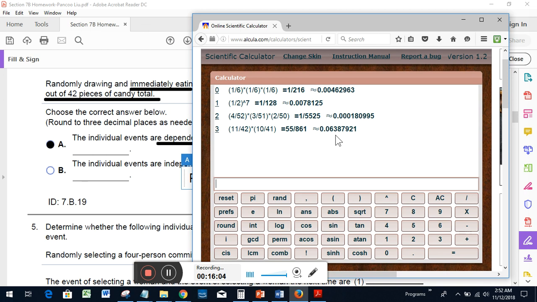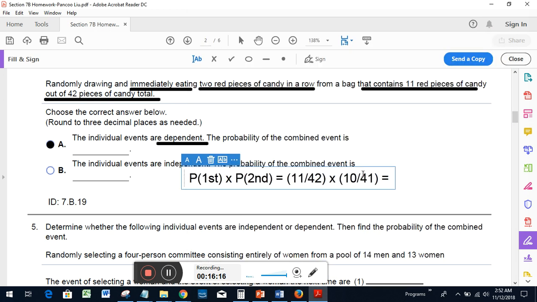The 3 is our third place, so we're going to look at the 8. Since 8 is greater than 5, we're going to round that 3 up to 4. So our final answer will be 0.064.